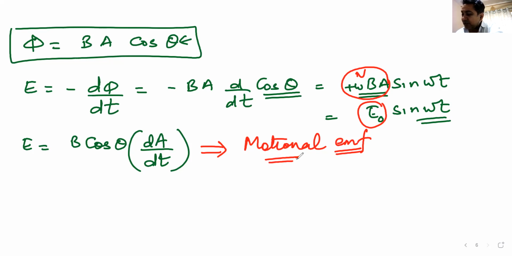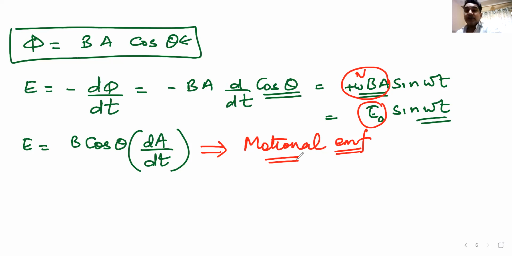Whenever you see the conductor moving, not rotating, in a magnetic field, rotation is different and moving is different. In case number 1, we are talking about rotational motion. In case number 2, we are talking about translational motion. Do you understand the difference now?